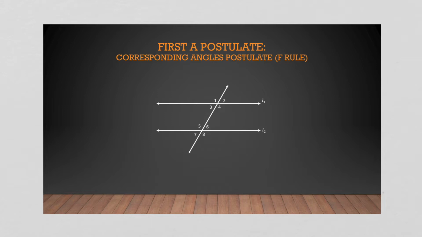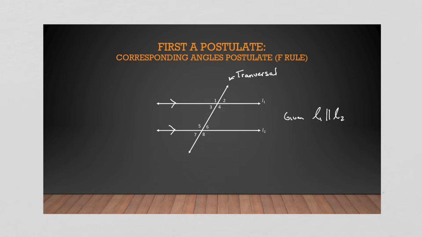Now, what this comes down to is a postulate of parallel lines. So if you're given that line 1 is parallel to line 2, okay, so these two lines are parallel, and they're intersected by what we call a transversal, so a line cuts through them, a few things happen. We get what are called corresponding angles.